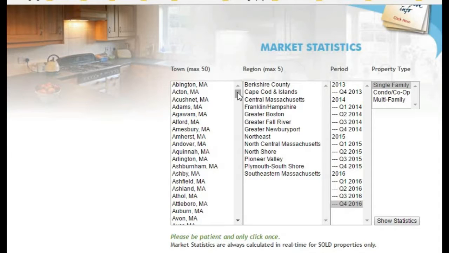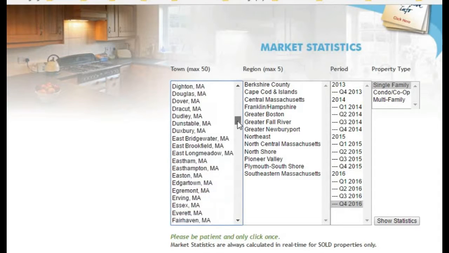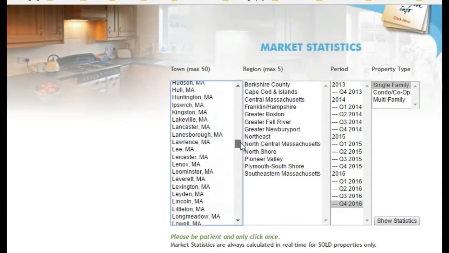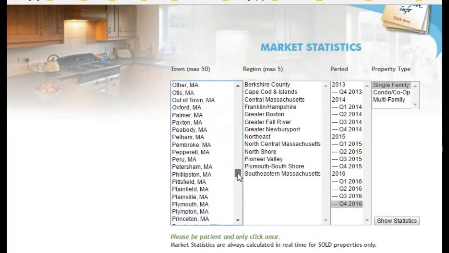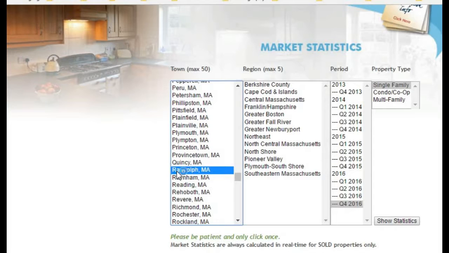For this exercise, we're going to use Randolph, just as a comparison to the local market update reports that we pulled up from the Greater Boston Association of Realtors. So go ahead and scroll on down, click on Randolph. We're going to use the fourth quarter of 2016, and we're going to focus just on single-family homes, and then click on Statistics.